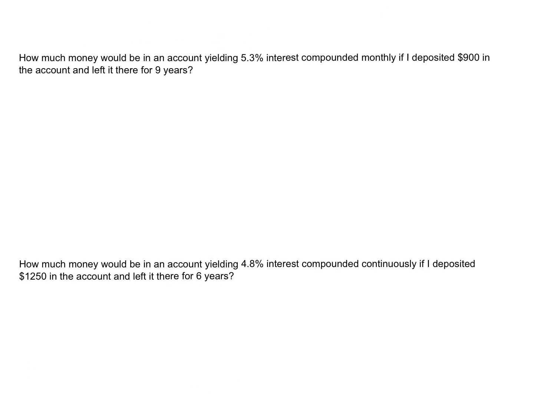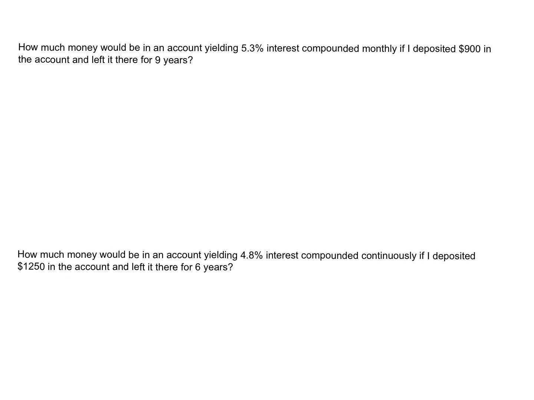Right. Next example. How much money would be in an account yielding 5.3% interest compounded monthly if I deposited $900 in the account and left it there for 9 years? So we have our P is 900, our R is 0.053, N is 12, and T is 9.